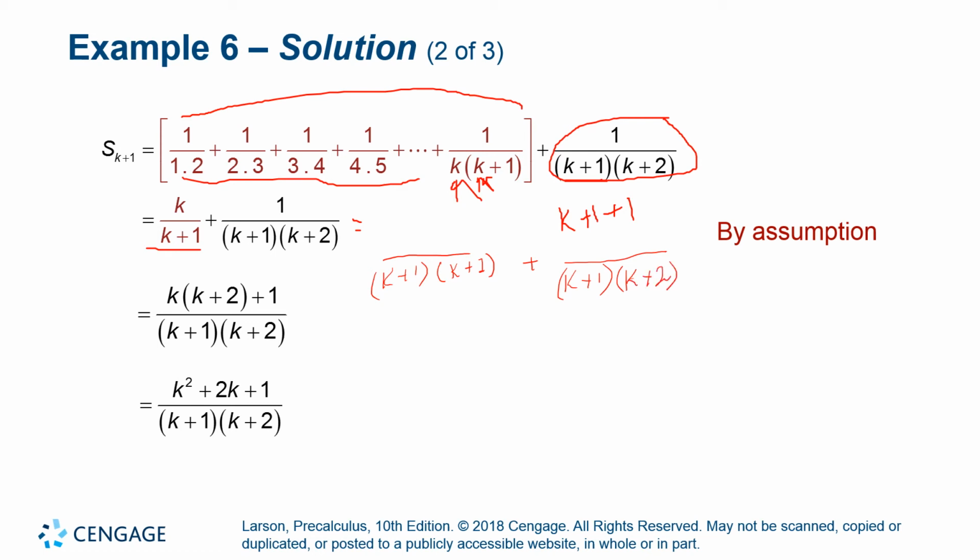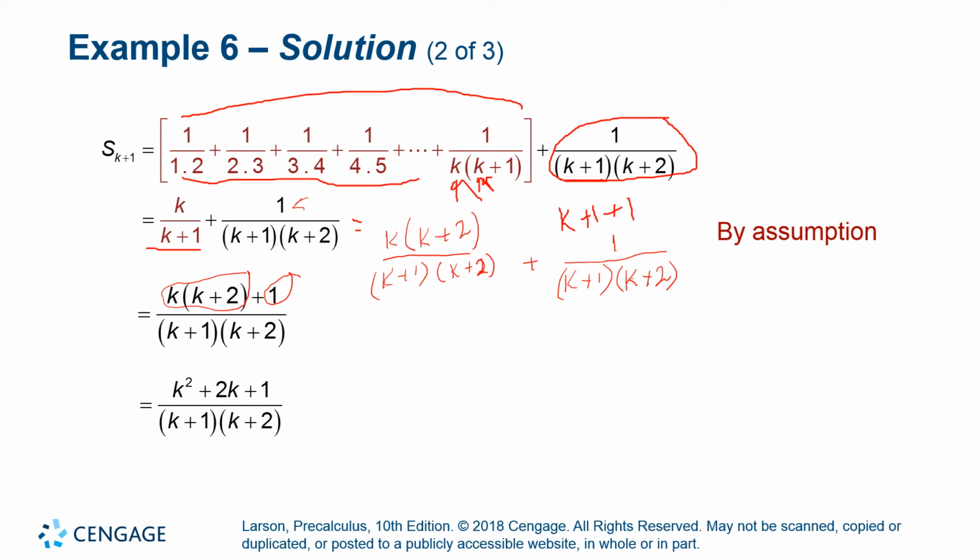In the first fraction we already had the k plus 1, so we have k on top times k plus 2. Plus from the second fraction we only had 1, and we didn't change that fraction, so it stays the same. If I add these up together, we add the top numbers, so that's going to be k times k plus 2 from the first fraction, plus 1 from the second fraction.